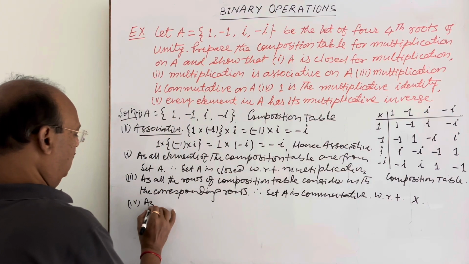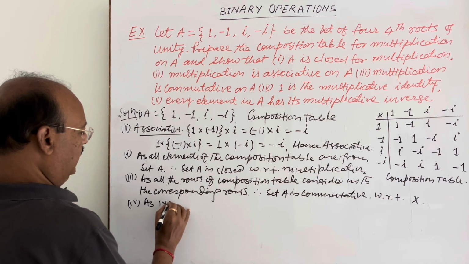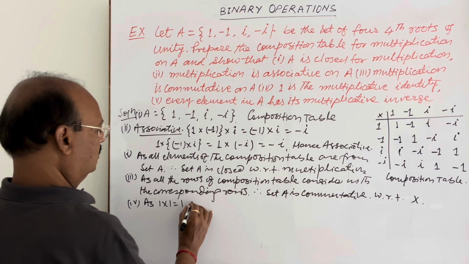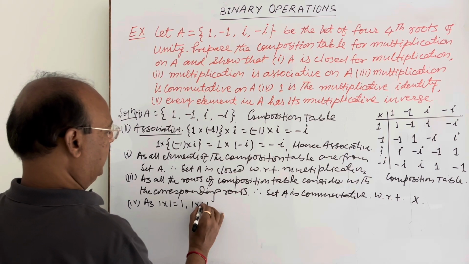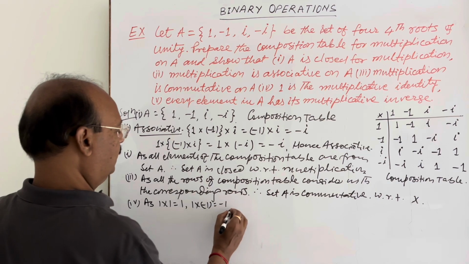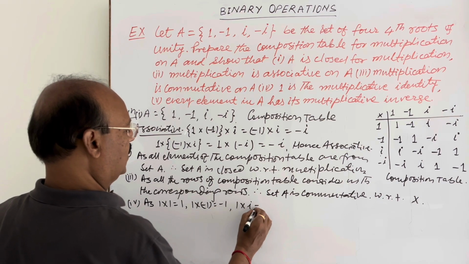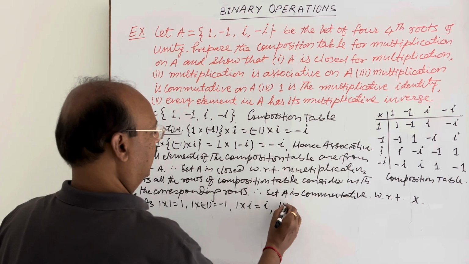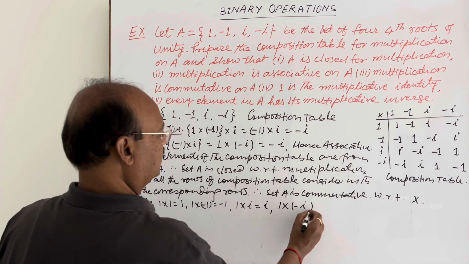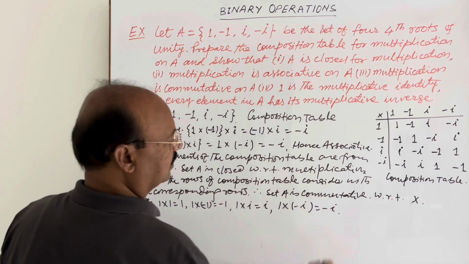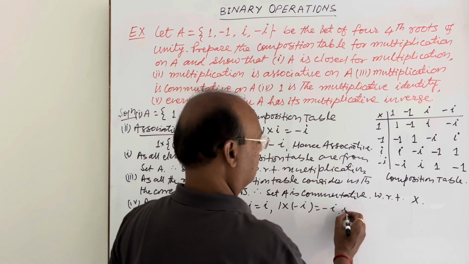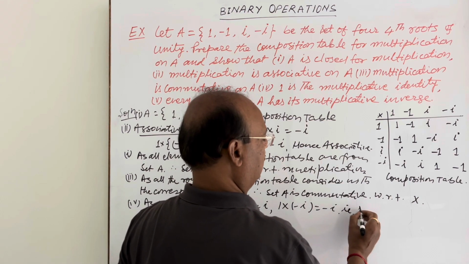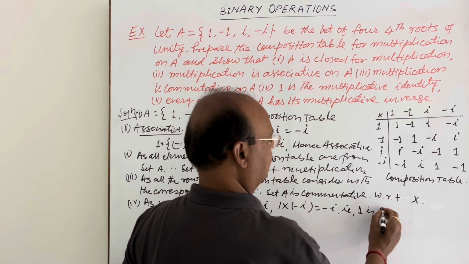So as 1 into 1 is 1, 1 into minus 1 is minus 1, 1 into i is i, and 1 into minus i is minus i. It means that 1 is the identity.